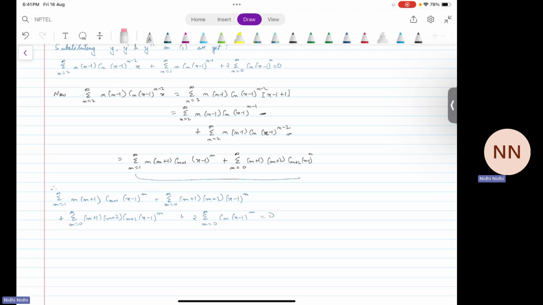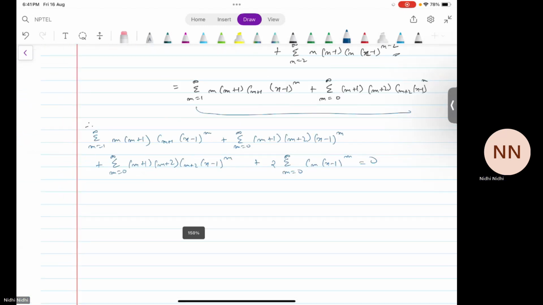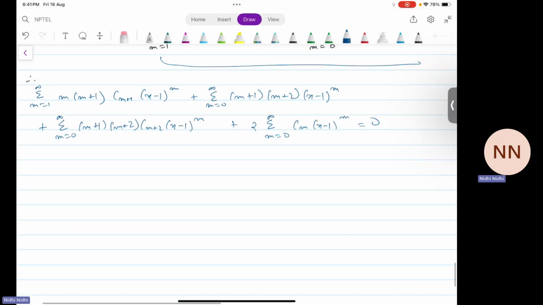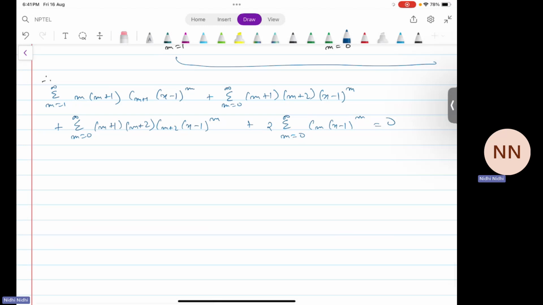Okay, now again we have some of these series from m equals 1, some from m equals 0. We'll make them uniform. So we'll take out the first term, the term m equals 0, from these, and then we'll be left with the sum from m equals 1 to infinity.